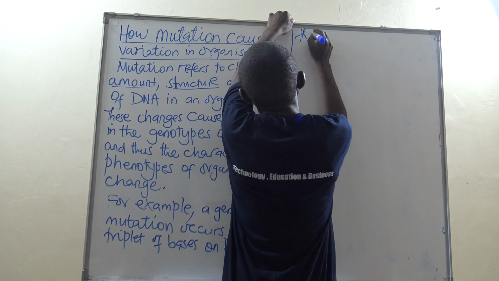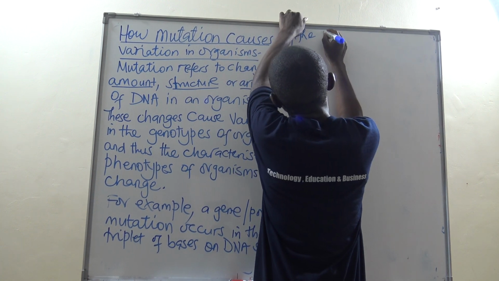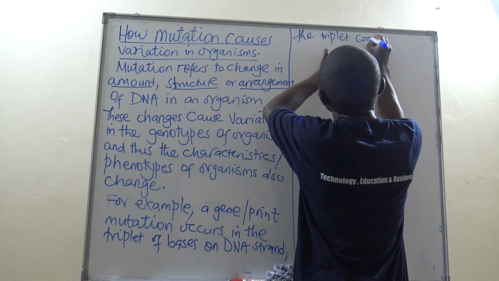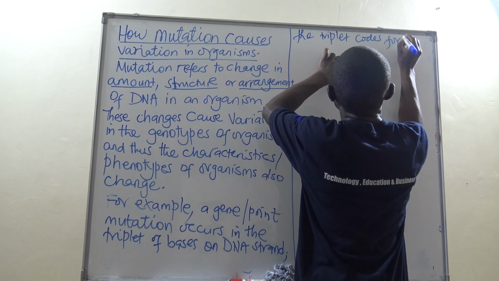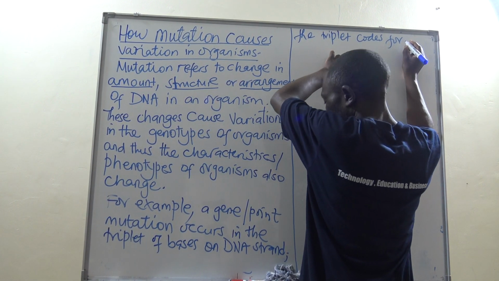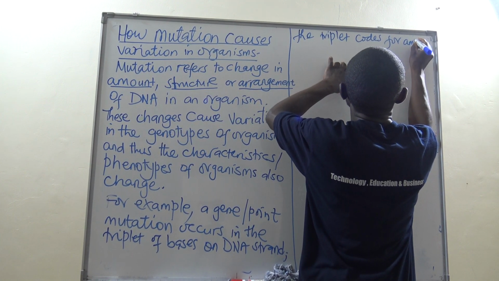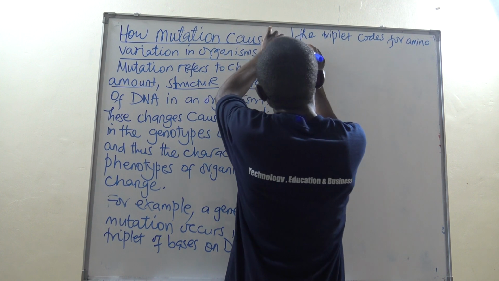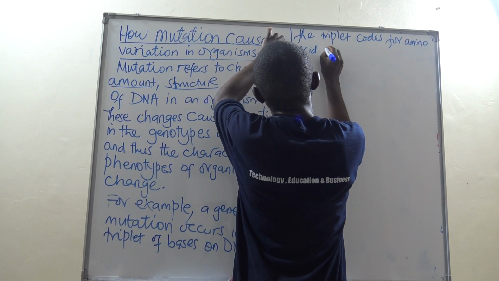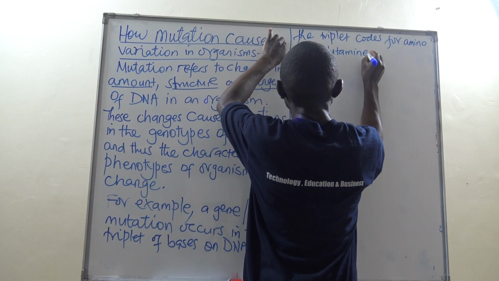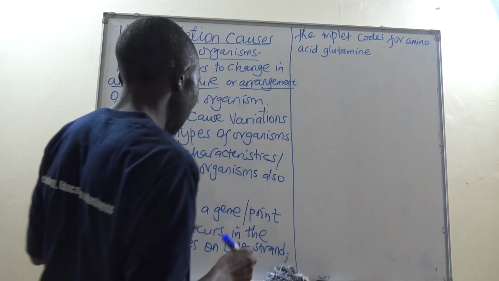The gene or the triplet codes for amino acid glutamine.